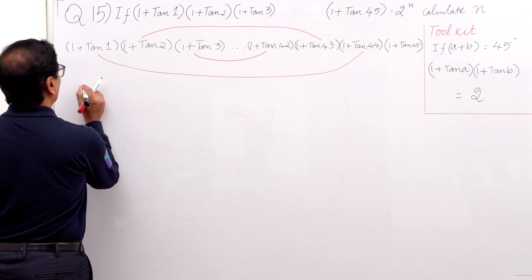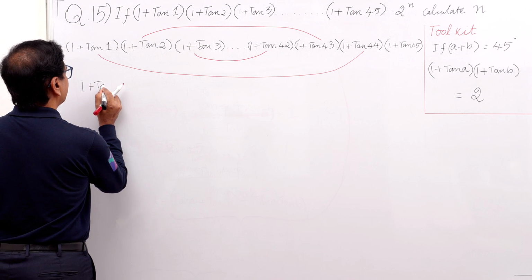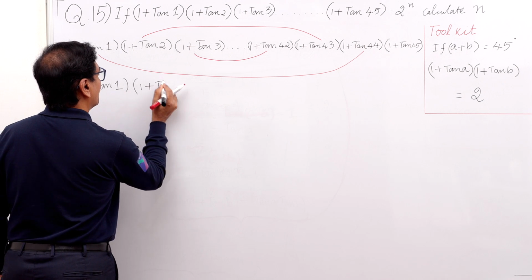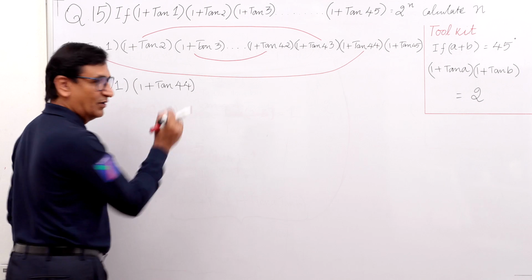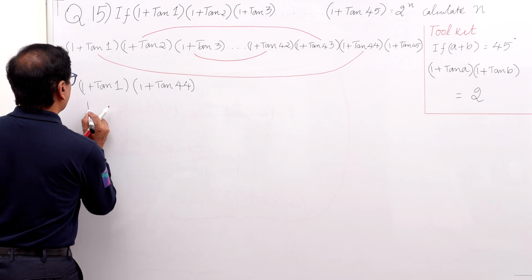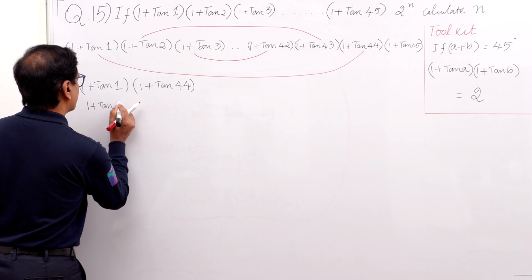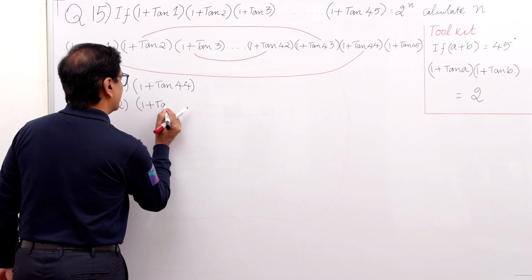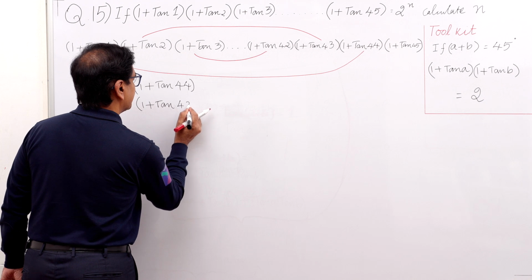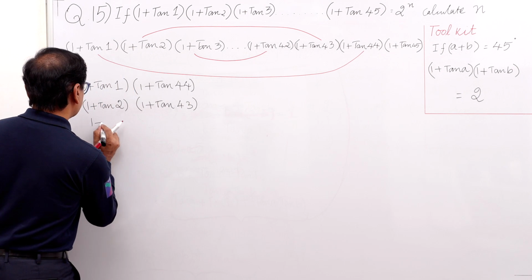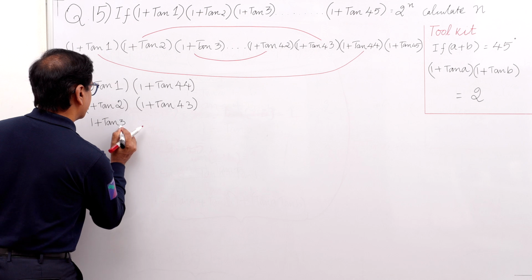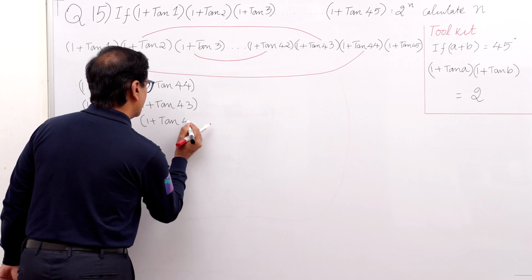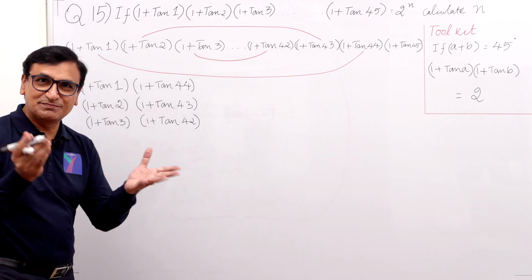This would be (1 + tan 1) multiplied by (1 + tan 44). Then (1 + tan 2) multiplied by (1 + tan 43). Then (1 + tan 3) multiplied by (1 + tan 42). Do you see the pattern?